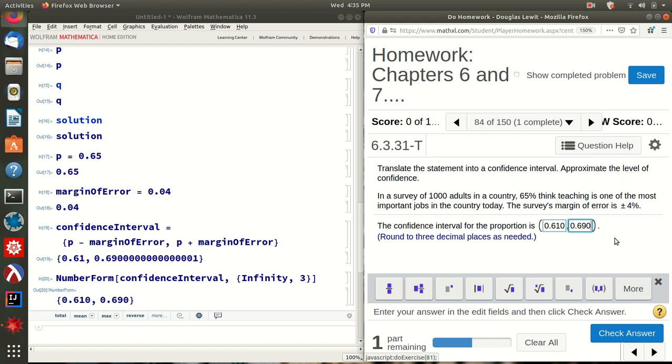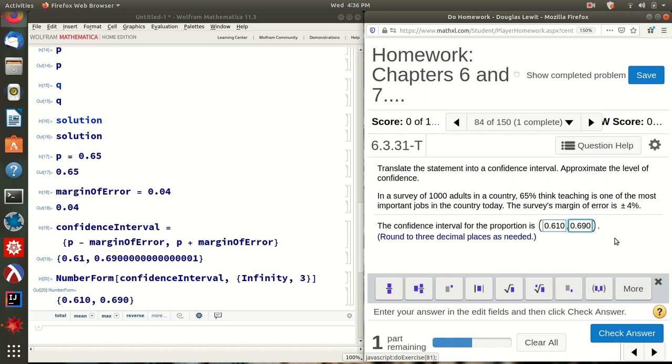So if I sample 1,000 adults in the country, and if I keep doing that, I keep looking at different samples of 1,000 adults, that means most of the time, the percentage of people who think that teaching is a very important job is going to be between 61% and 69%.